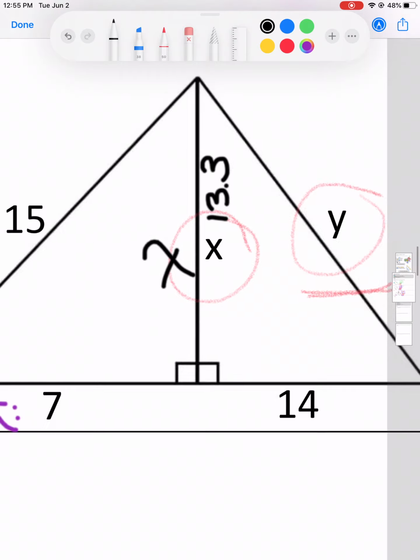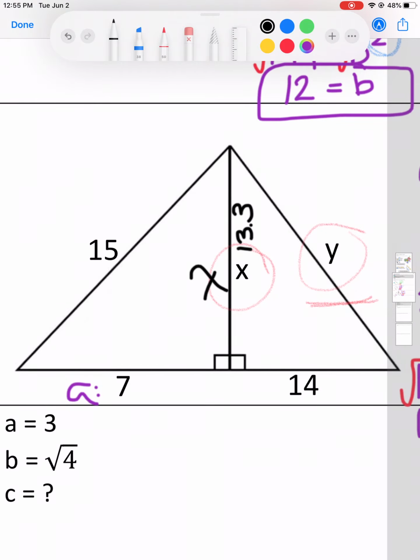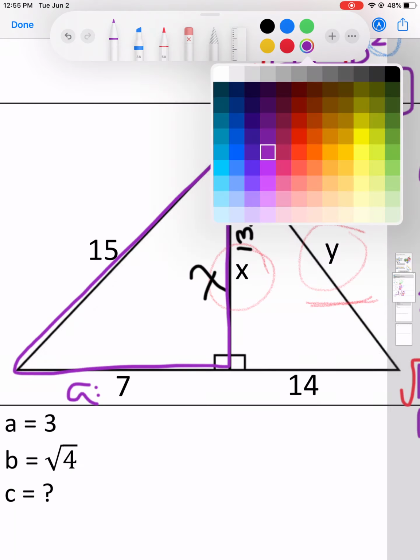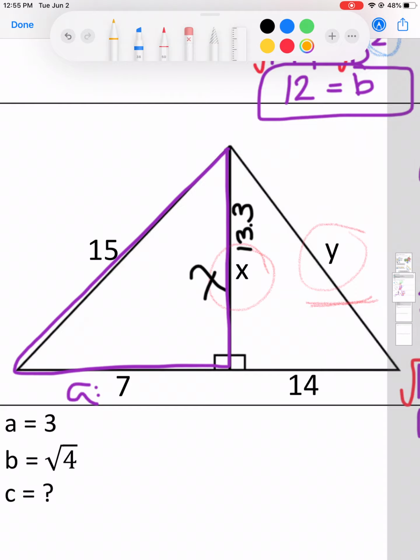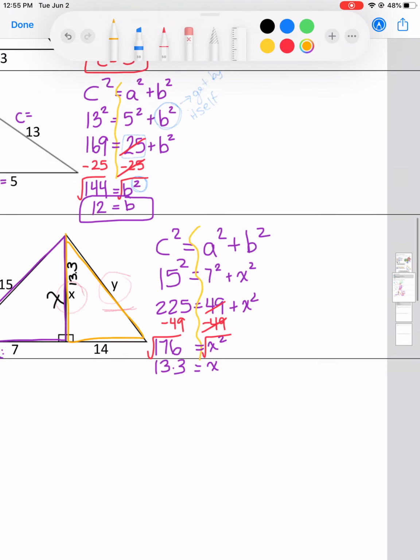So now we have to do it again. So I did this triangle as this color. I'll do this triangle. So let's set her up.